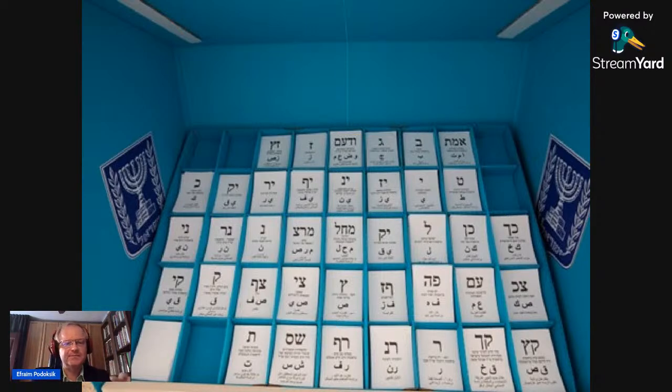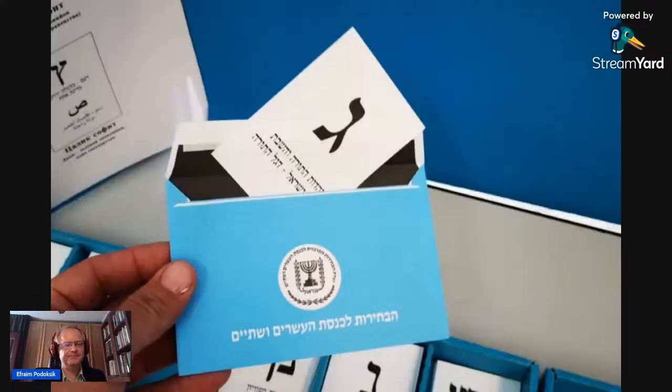I choose one piece, depending which party I want to vote, and I vote for that. I just put this specific party in the envelope, and I put the envelope into the ballot box. For example, here you can see a person who wants to vote for the Orthodox Jewish list, United Torah Judaism.